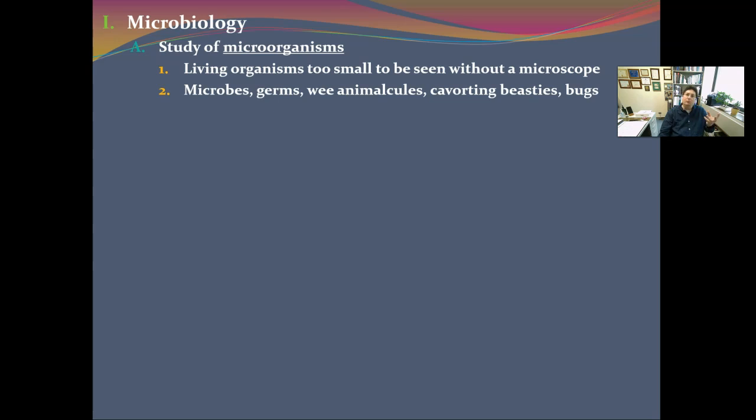So we call organisms too small to be seen without a microscope microbes, sometimes germs. Way back in the day, people called them animalcules or wee animalcules, cavorting beasties, sometimes bugs, things like that. So they have different names, but today we refer to them as microbes or microorganisms.